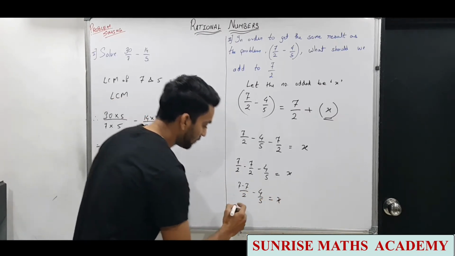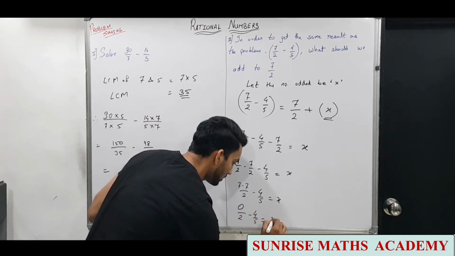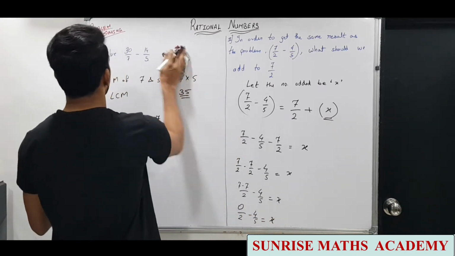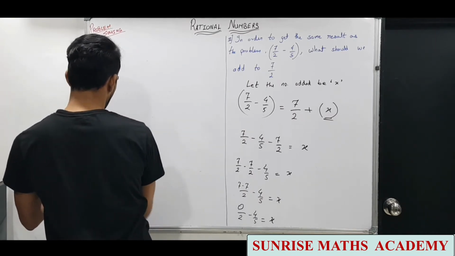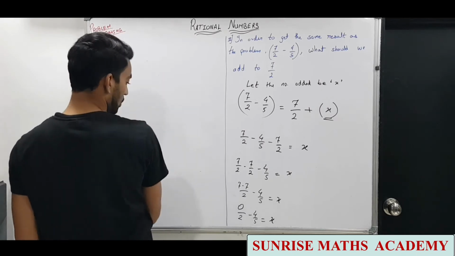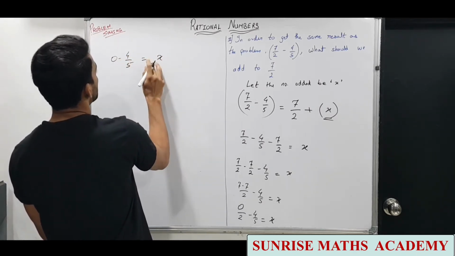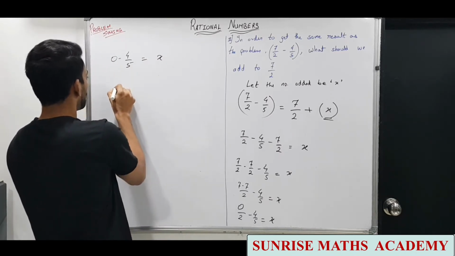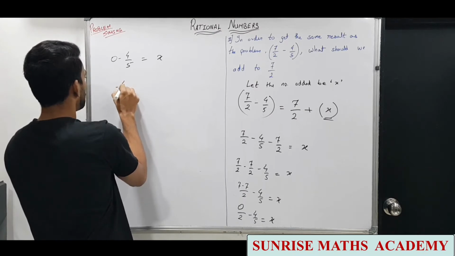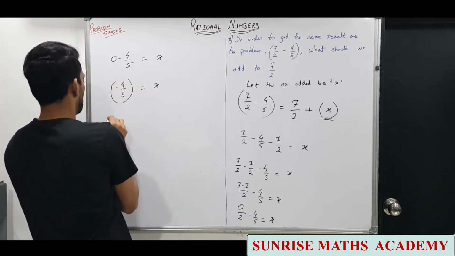So 7 minus 7 will be 0 upon 2, minus 4 upon 5 equals to x. So it will be 0. 0 upon 2 is 0. 0 minus 4 upon 5 equals to x. So it will be minus 4 upon 5 equals to x.